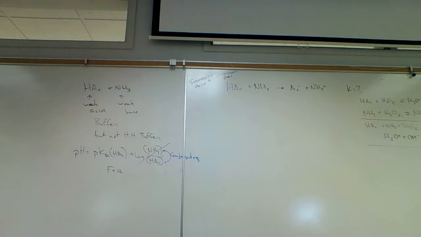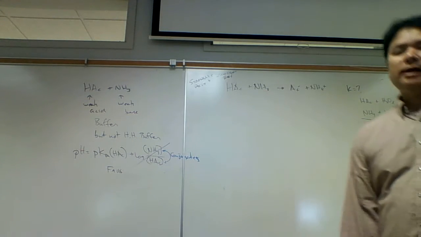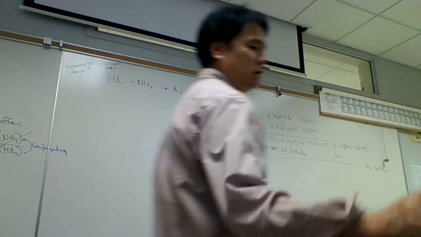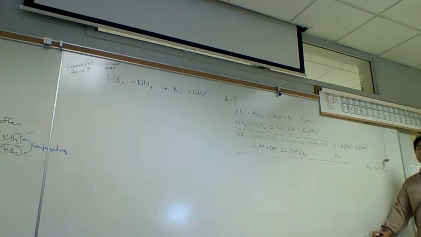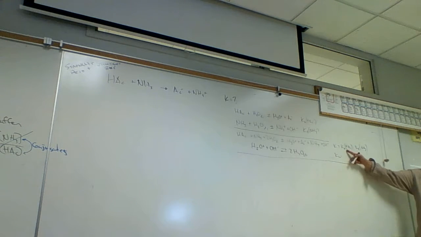Didn't I see earlier that Ka times Kb is equal to Kw? Do you remember that? Ka times Kb is equal to Kw. And so does that mean that this K for the sum of the first two reactions is equal to Kw, because I have Ka times Kb?